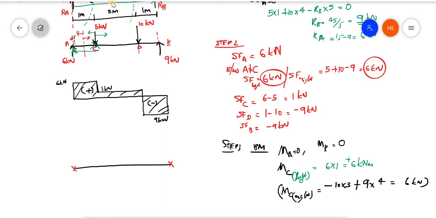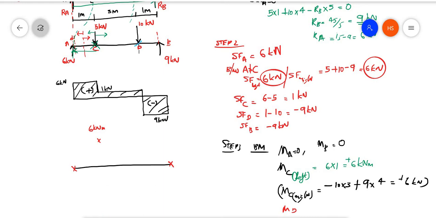Right and left give the same answer, again positive. So MC is 6 kilonewton meter. Now next is MD, that is this section.